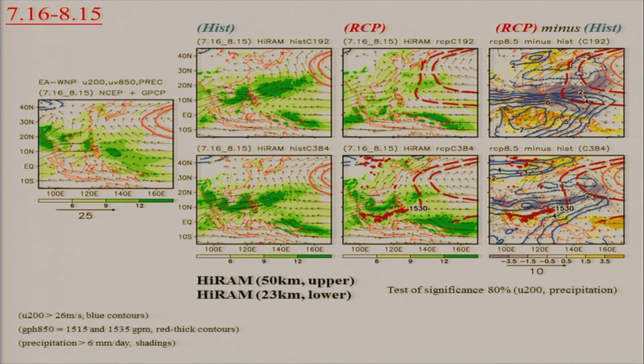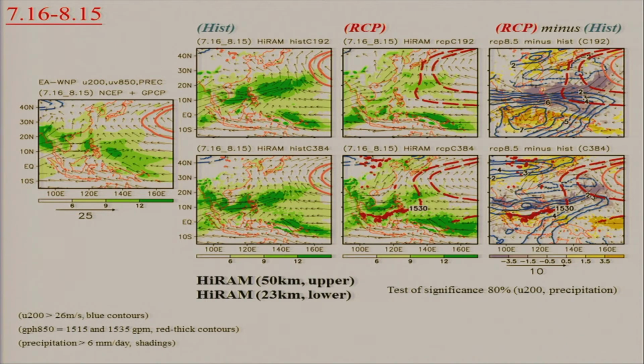In either the 50 kilometer or 20 kilometer, you can see the stronger Pacific high over the WMP as well as East Asia, and the decrease of the precipitation over the subtropical area.